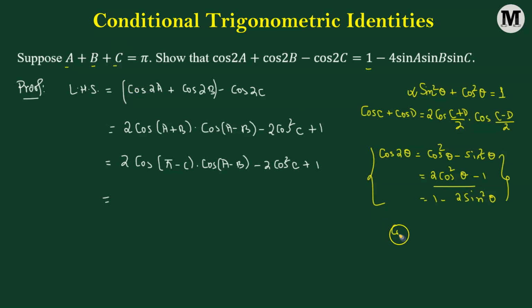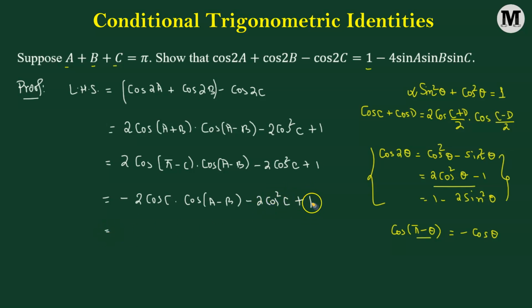We have a standard formula: cosine of pi minus theta is negative cosine theta, negative because pi minus theta is always in the second quadrant. So we now have negative 2 times cosine of angle C multiplied by cosine of the angle A minus B, minus 2 times cosine squared C, added to 1.